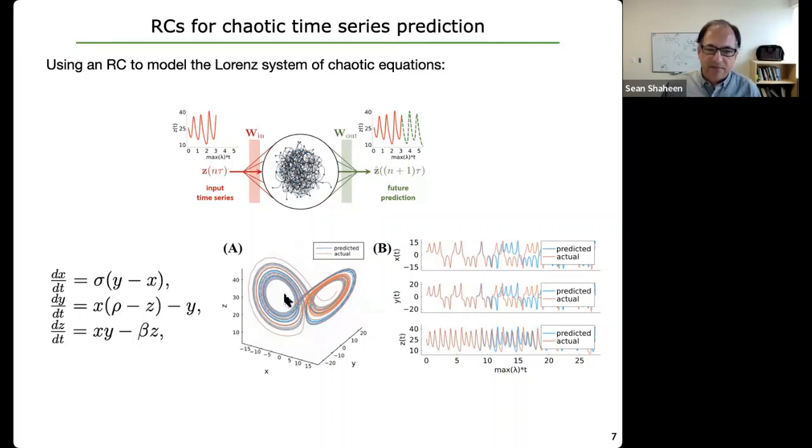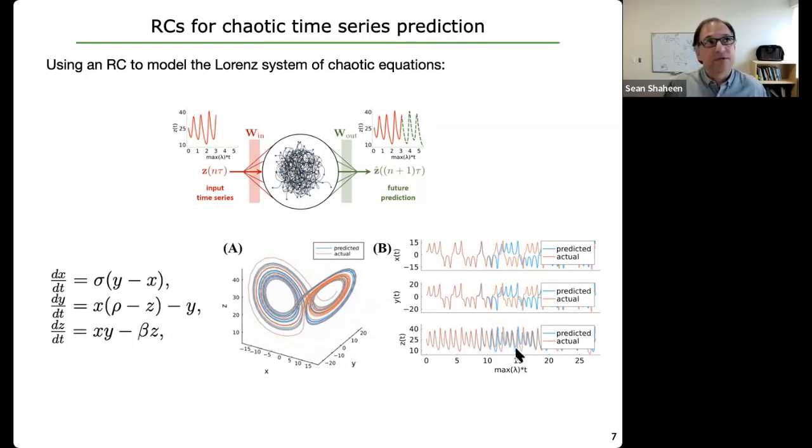Because it has this butterfly property, the way the prediction goes wrong is it goes to the wrong side. It went to the wrong wing of the butterfly. That's less evident in the Z direction, which doesn't have that axis of symmetry. So anyhow, you can see that the predictions are quite good.